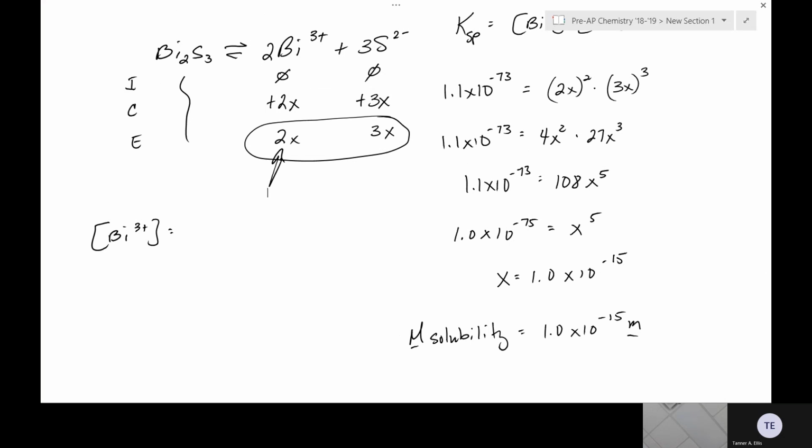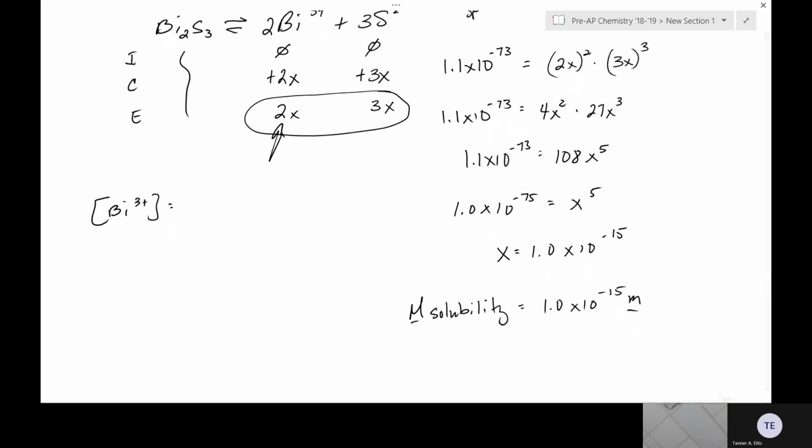You with me? I just pushed out the calculator. I really did. At least I'm not alone. Okay, because here are your equilibrium values. Everybody see that? I've got for my bismuth at equilibrium, which means saturated, it's 2x.